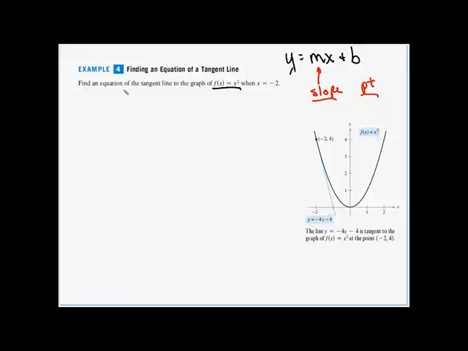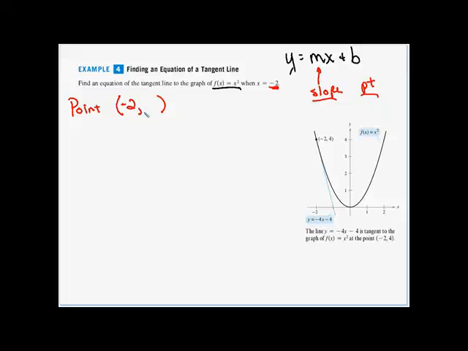So let's see here, they want to find the equation of the tangent line for this graph, f of x equals x squared, when x is -2. So first let's find that point. We know that -2 is going to be our x-coordinate. So it's -2 comma something. We need this y value. How do we find that y value?